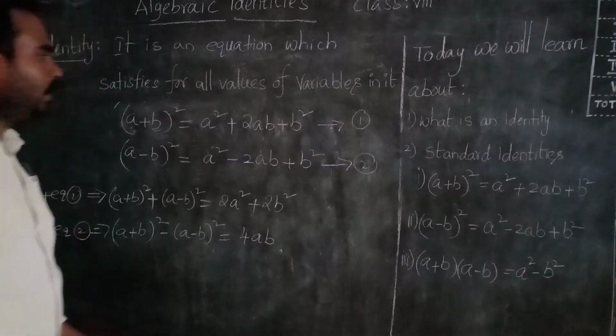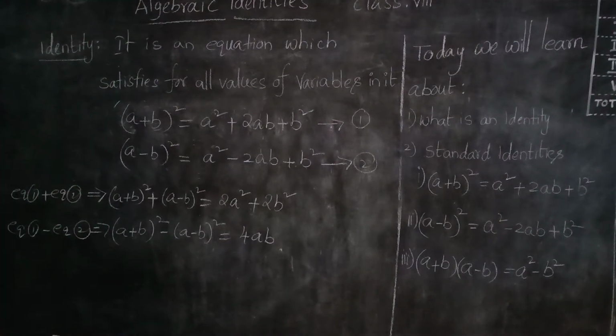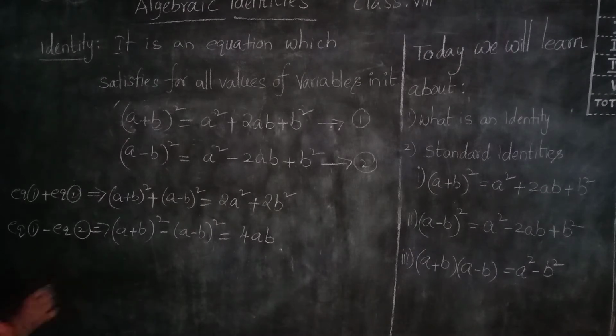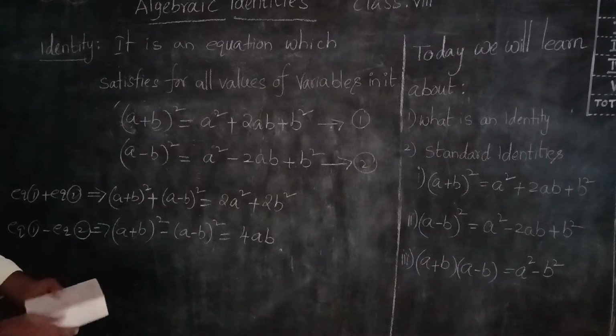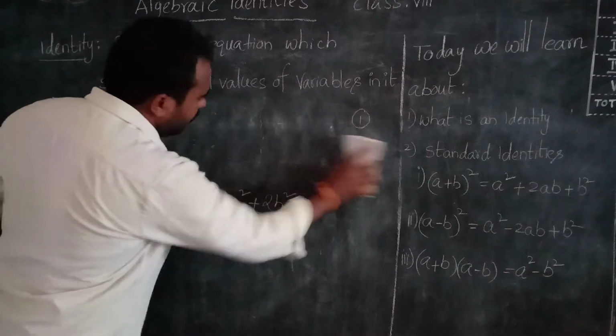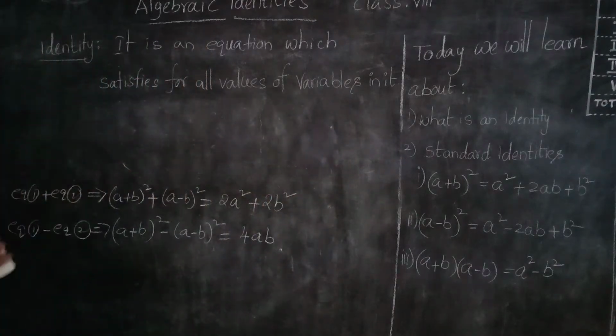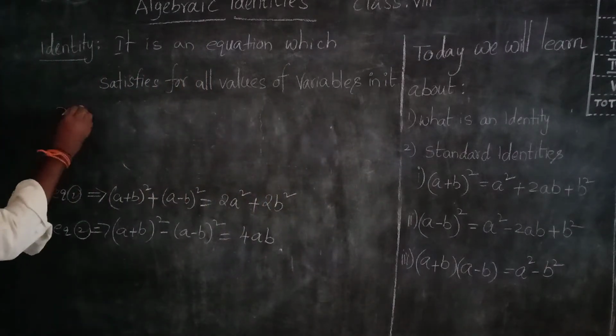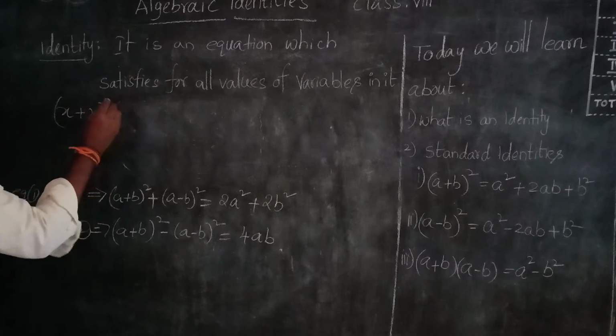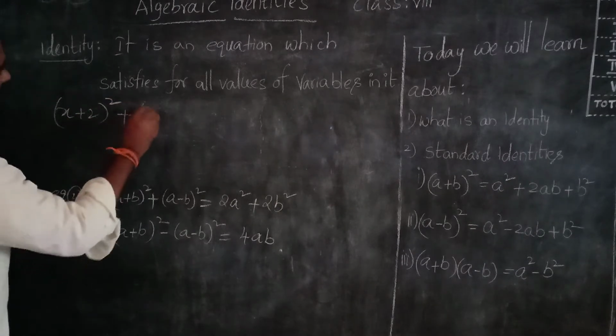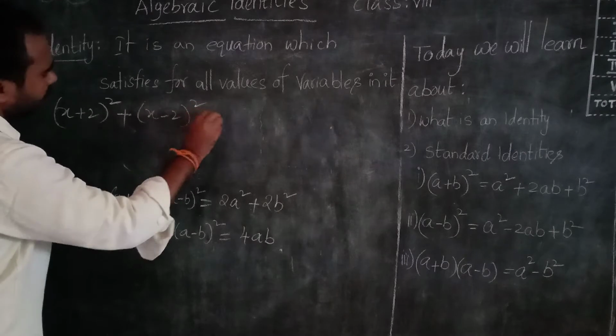So now I will give some example problems on these two results. Find the value of x plus 2 whole square plus x minus 2 whole square.